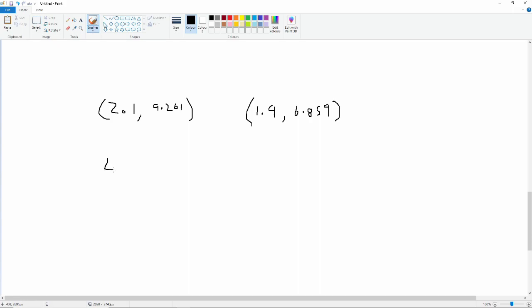And again, delta y by delta x. So that's 9.261 minus 6.859, all divided by 2.1 minus 1.9.